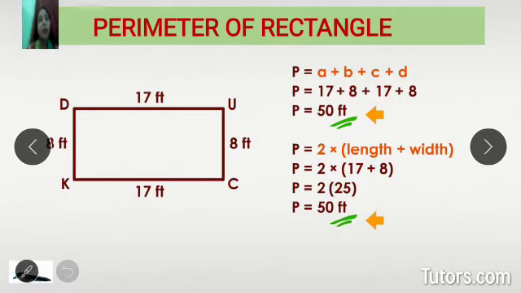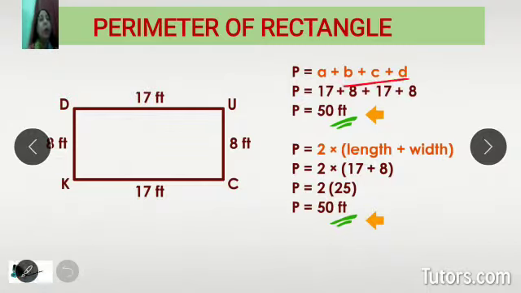Now perimeter of a rectangle. So this is a rectangle. You just see this is the length and this is the width. Length is 17 feet and width is 8 feet. Here also we use two methods to calculate the perimeter of a rectangle.